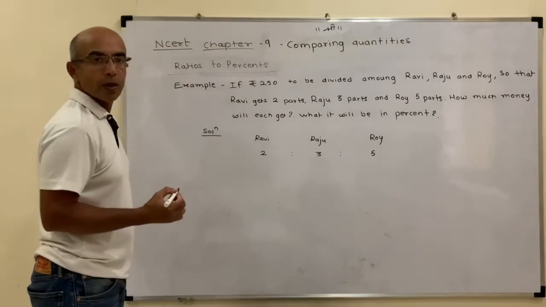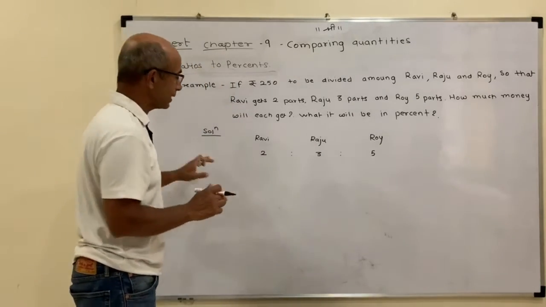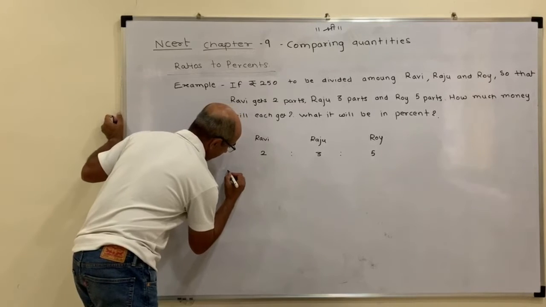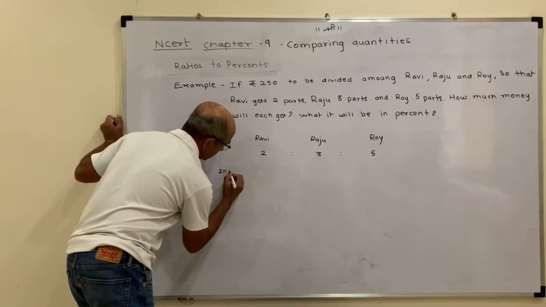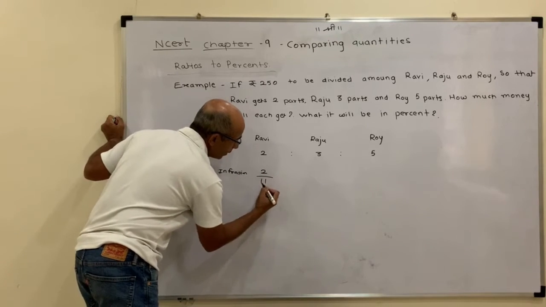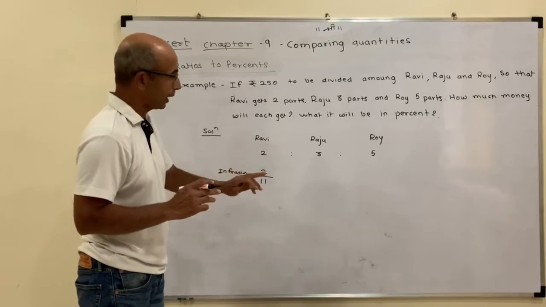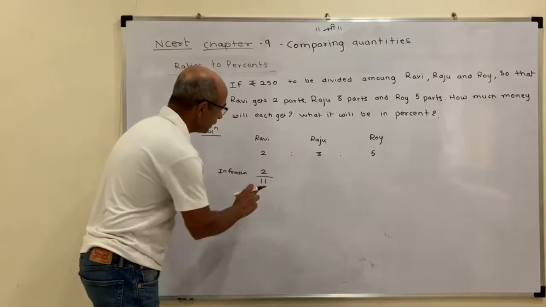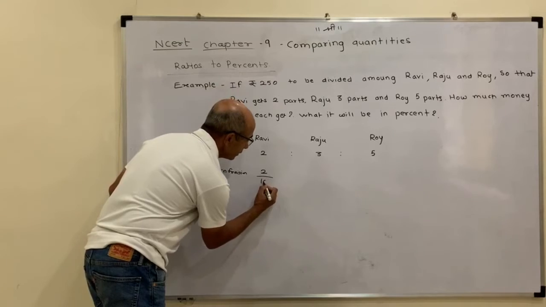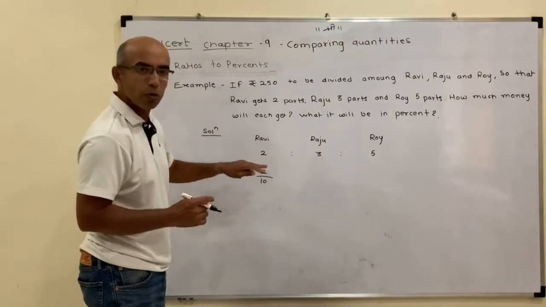So if I want to convert this into fractions, how many total parts are there? 5 plus 3 is 8, plus 2 is 10.